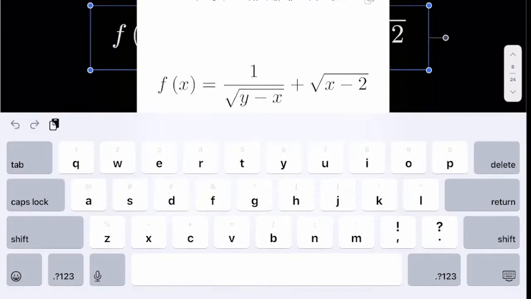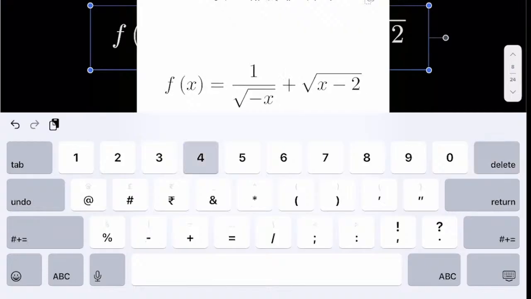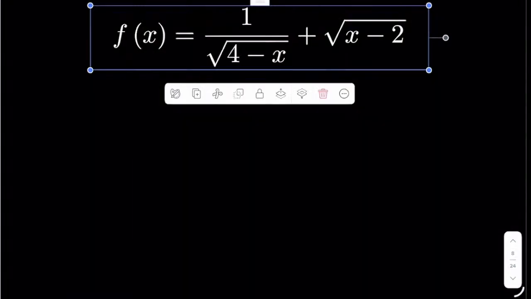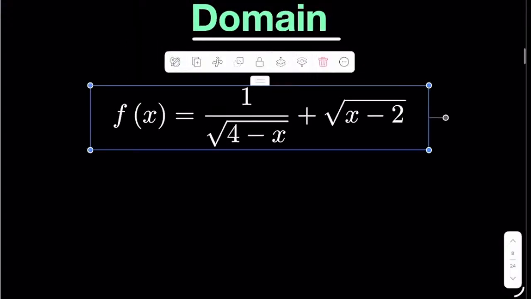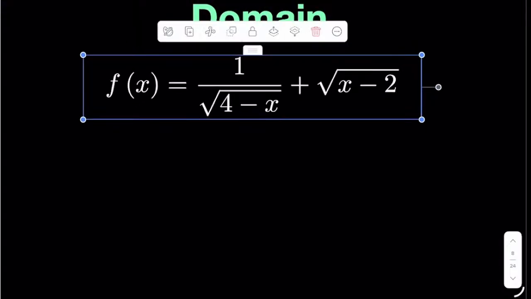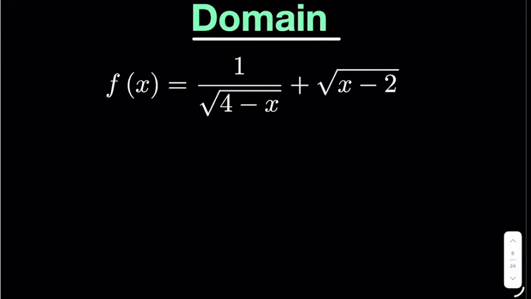Here y is basically 4. I hope you understand our target: what is the domain of that function? Everyone can try, then after that I will do it. First of all, everyone can try.